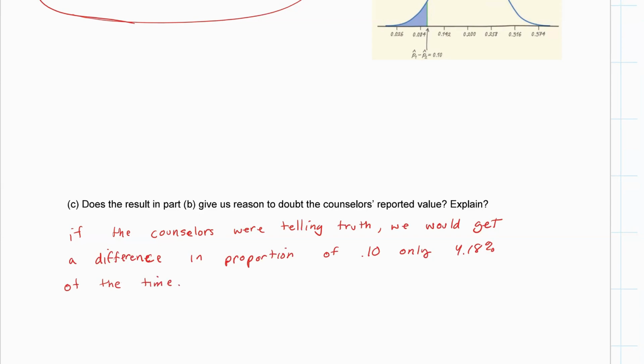And as we've seen in the past, this low probability makes us suspicious. So maybe because of that low probability, we doubt that they're telling the truth.